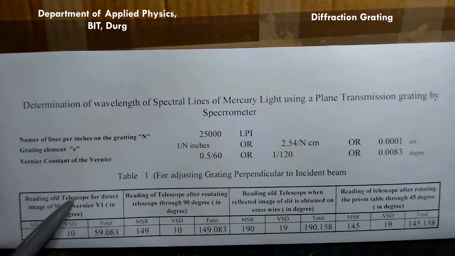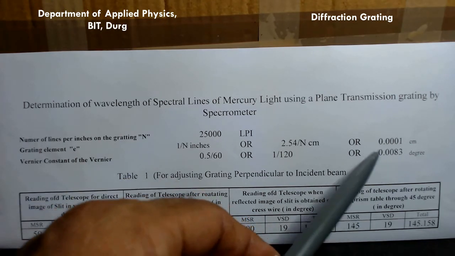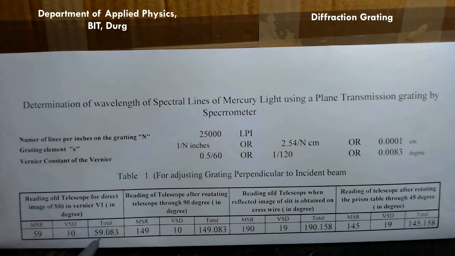So the position of the telescope on the direct image of the slit: the main scale value is 59 degree, the vernier scale division is 10, this 10 multiplied by the least count, 0.0083, and added to 59 gives us 59.083 degree. So for the direct image, if I want to keep the telescope perpendicular to the collimator, then with this reading I have to add 90.